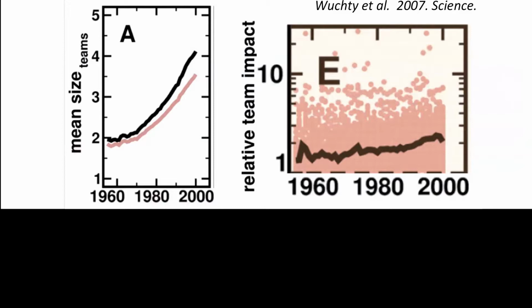I should mention I have a slide at the end that'll have all of the citations, for those of you who want to hunt down some of these resources. It demonstrates that teams have really come to dominate the scientific landscape in terms of their impact, looking at citation rates as the metric.